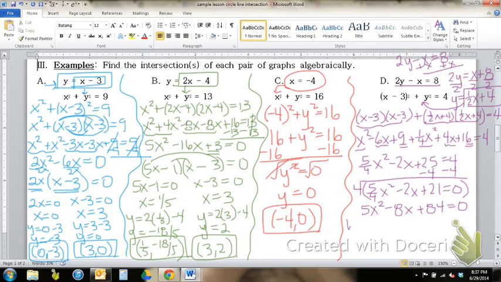So remember the discriminant, it was b squared minus 4ac, and we used this to see if we're going to get 2 solutions, 1 solution, or no solution. So let's see how many solutions I'm going to get before I sit there and try to find it. B is my negative 8, so negative 8 squared minus 4, A is 5, and C is 84.